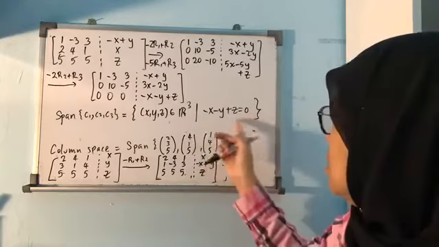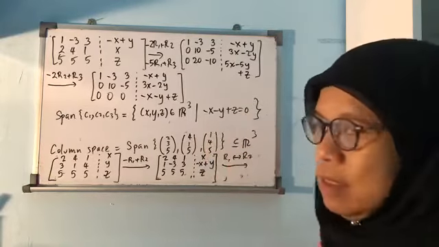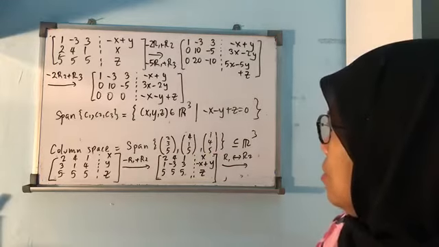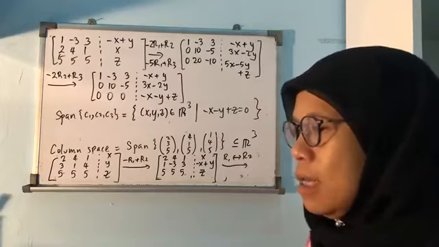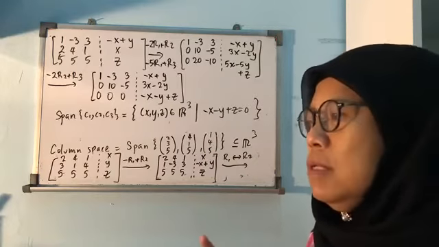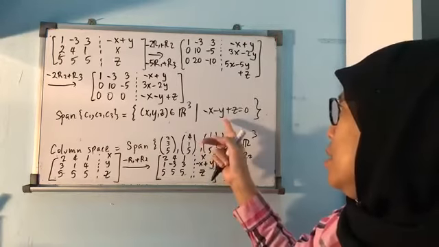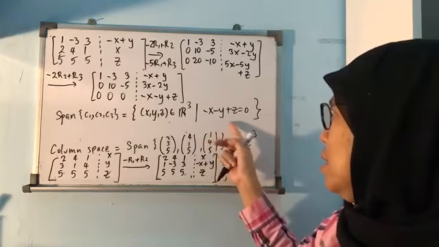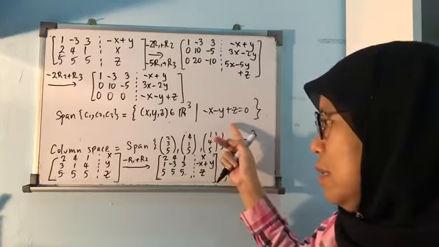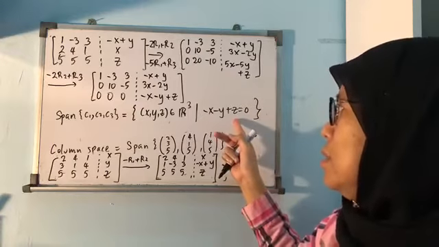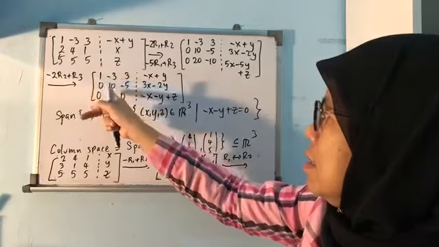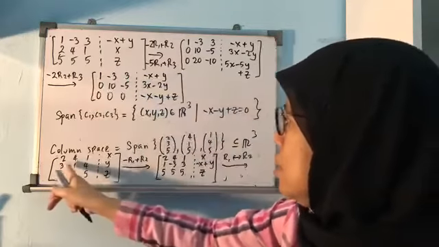So this is a plane. And for a basis, there are two ways to find a basis. One, you can solve this and get two free variables and get two bases, but you don't need this because you already can get the first two, these two.